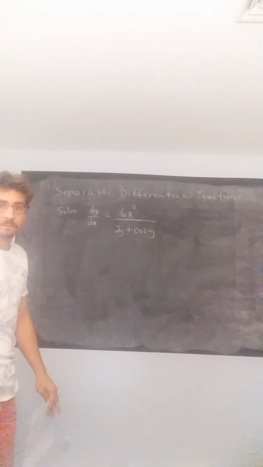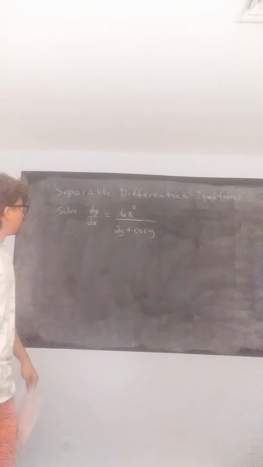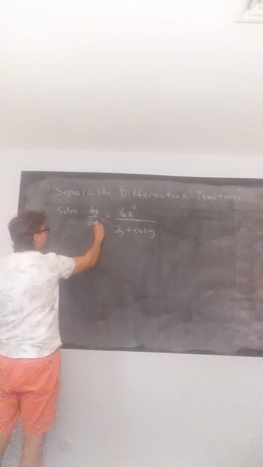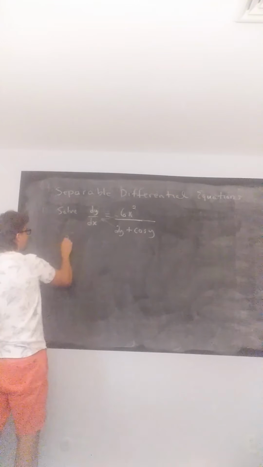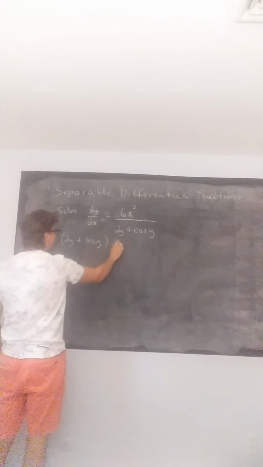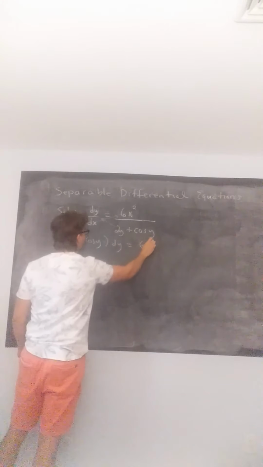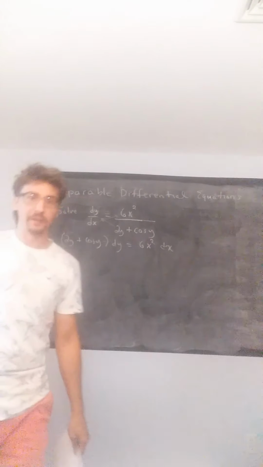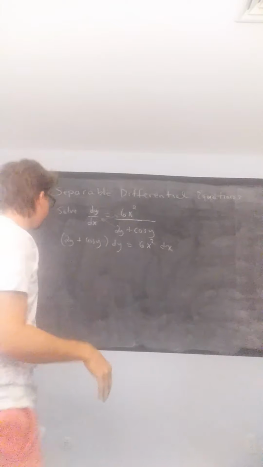Okay, so we got that. We're going to follow a similar tactic. We're going to get this over here and this over here. So we're going to have 2y plus cos y dy equals 6x squared dx. Okay? So again, we're just swapping sides like usual.